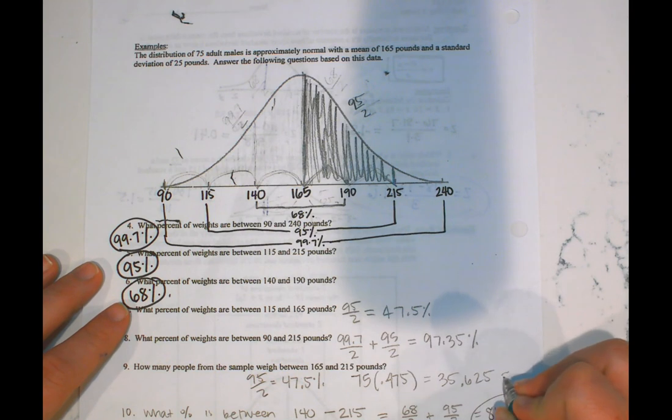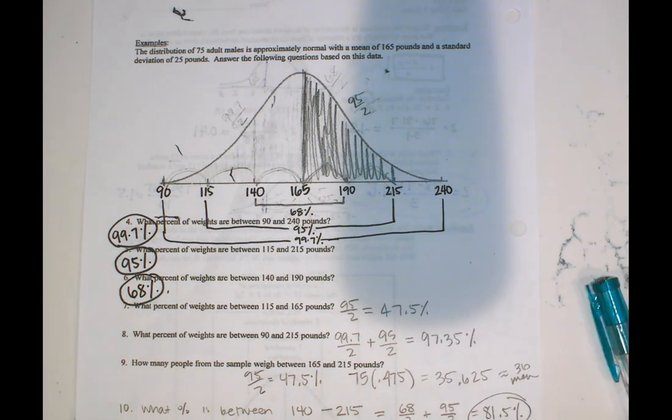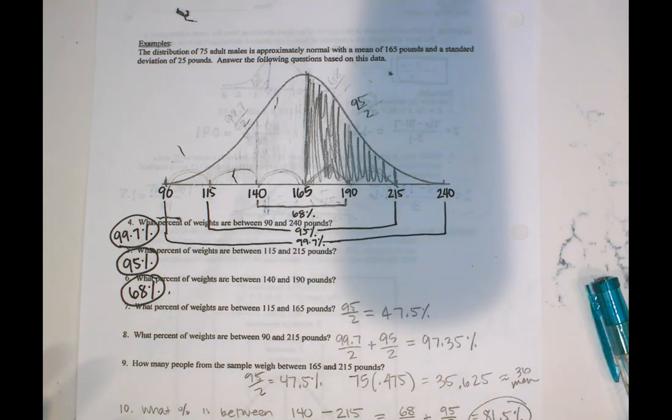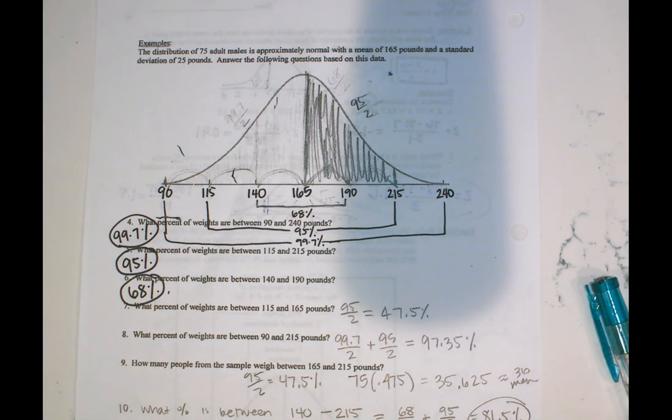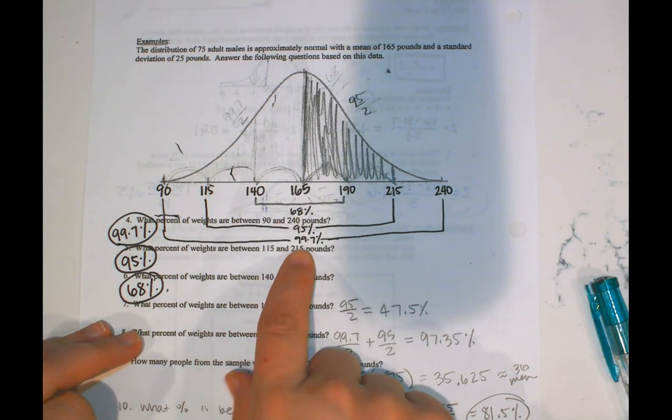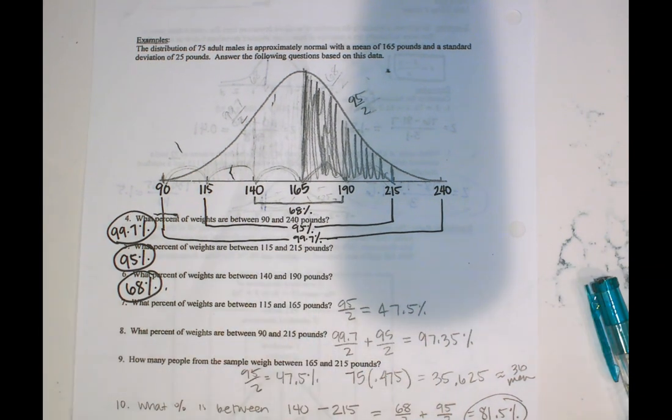So about 36 of the men. That's how many actual people, not percentage, fall within that shaded region that we found. Like I said, this is just an introduction. We'll talk about this more next class, but hopefully you understand at least the percentages of the basic empirical rule as we move on.